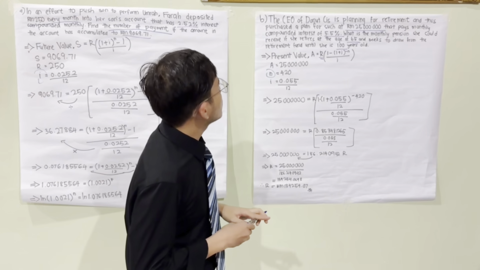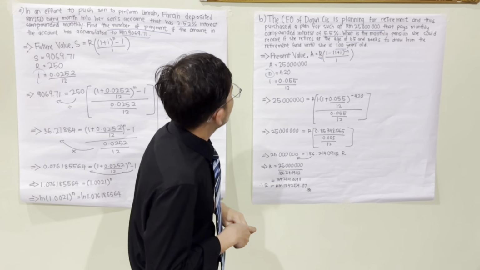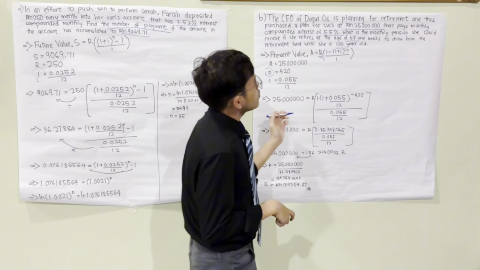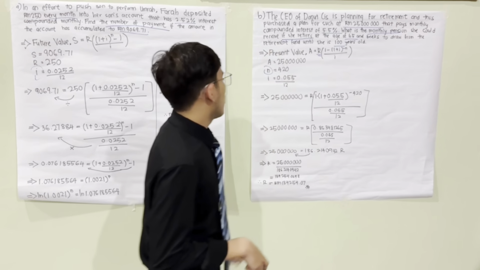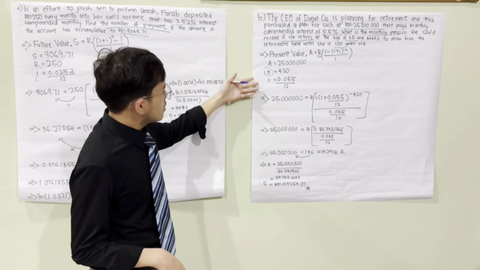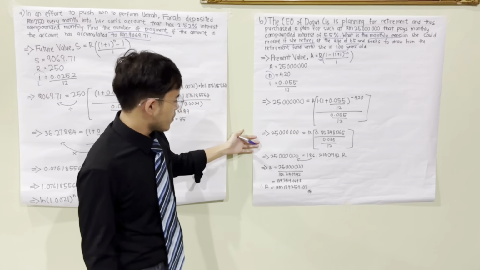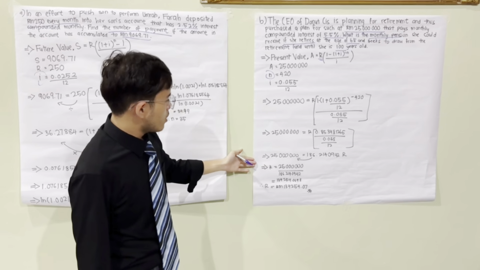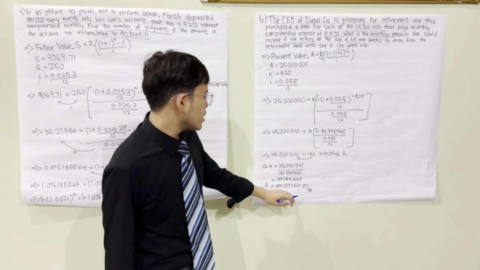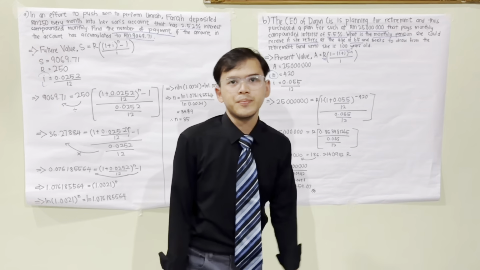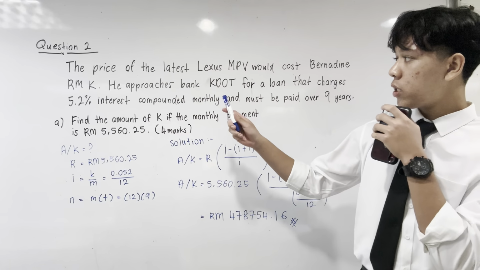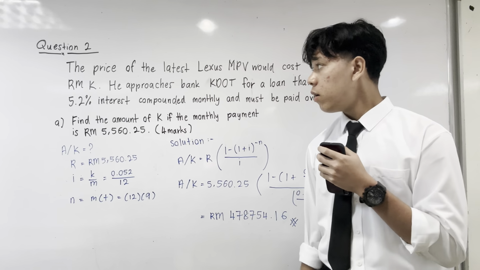Because we need to know the monthly pension after she retires. Okay, so this is how we calculate it. And for R, we found that the answer is RM 134,254.7. Okay, this is the last question for this video.